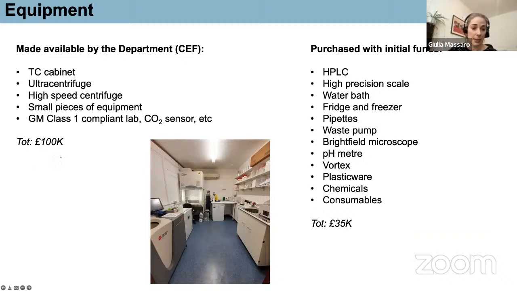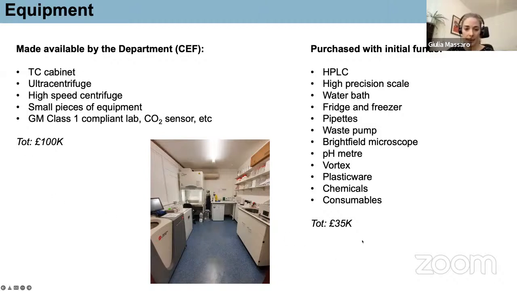This was around £100,000, and with this we bought a tissue culture cabinet, a multi-centrifuge, a high-speed centrifuge, various small bits of equipment, and then we had, of course, to make the actual room, the actual lab, GMP compliant with all the health and safety additions.